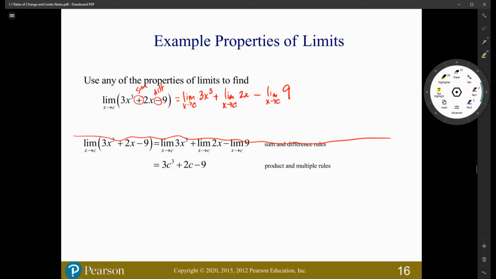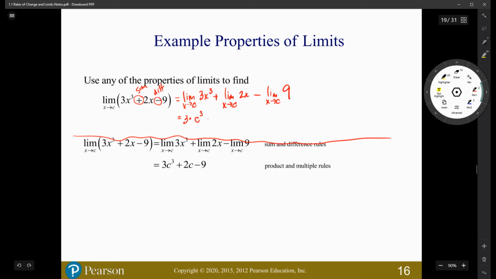Next up, look at this first limit. There's a constant multiple. x cubed means x times x times x. So that's kind of sort of a product rule. So we've got a constant multiple. We've got a product rule. This is 3 times, what would be the limit as x approaches c of x? It'd be c times c times c, because this is x to the third.